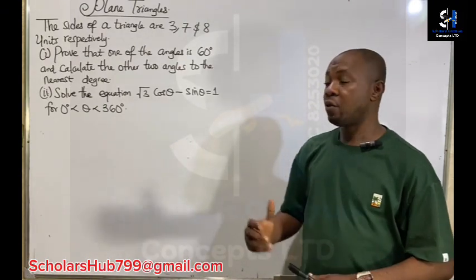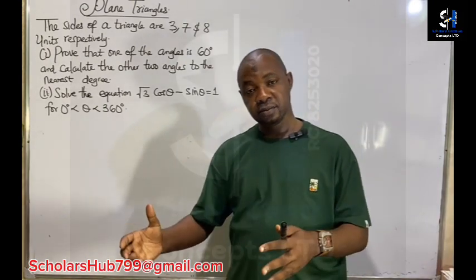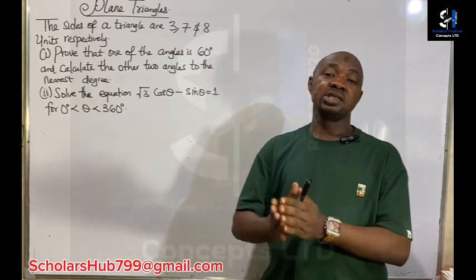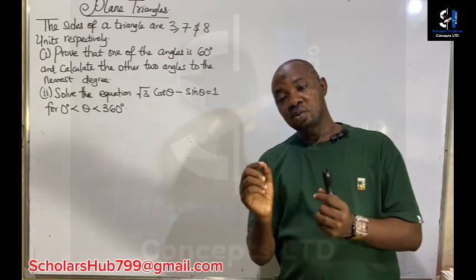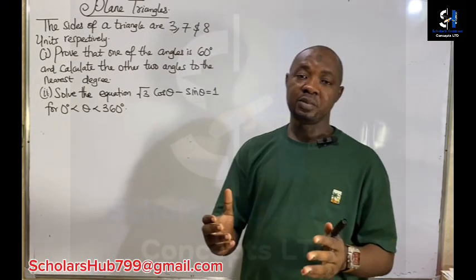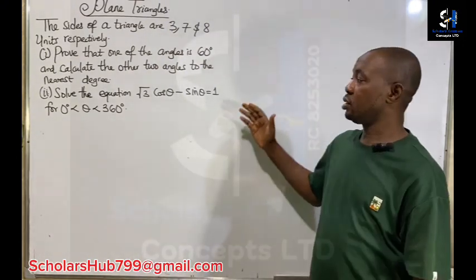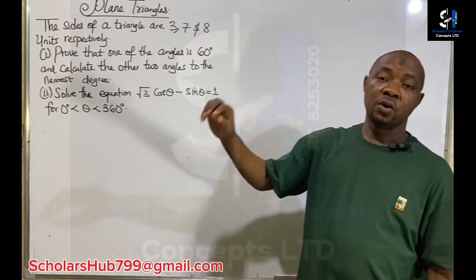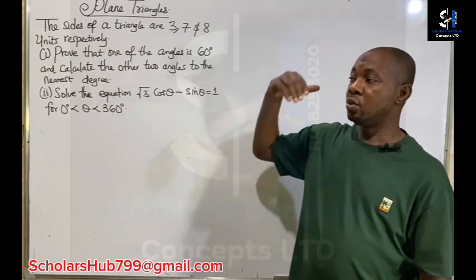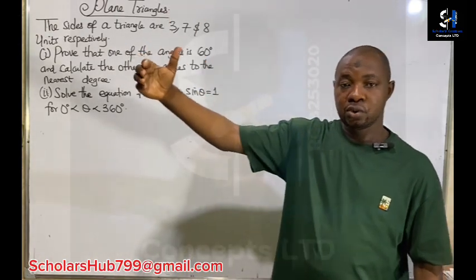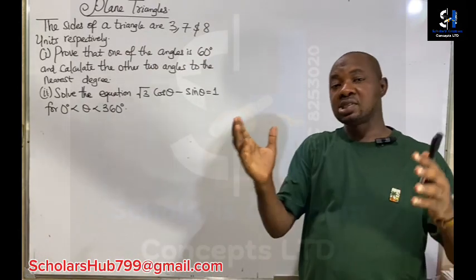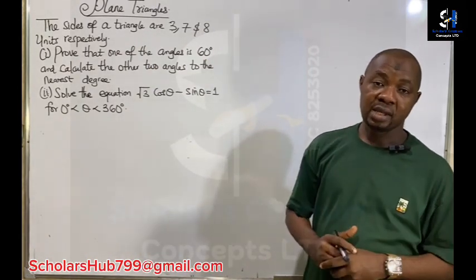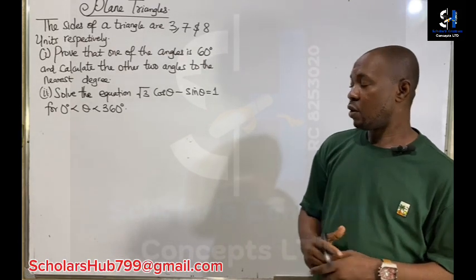The cosine rule states that for any triangle ABC, the lowercase letters of the alphabet a, b, c are used to represent the sides of the triangle, while the corresponding opposite angles are labeled with uppercase letters. All right, let's get into the video.